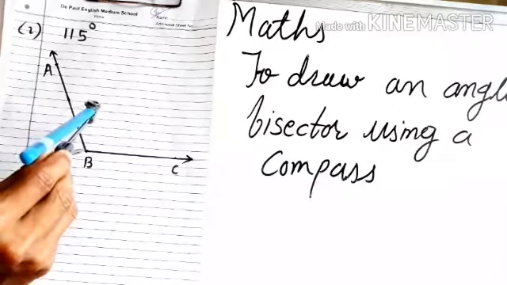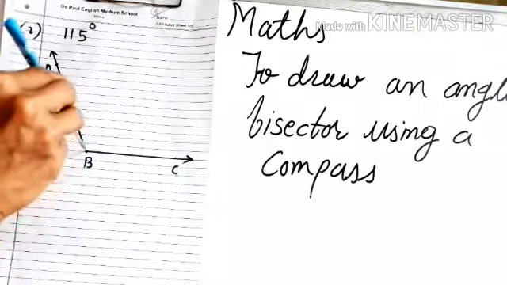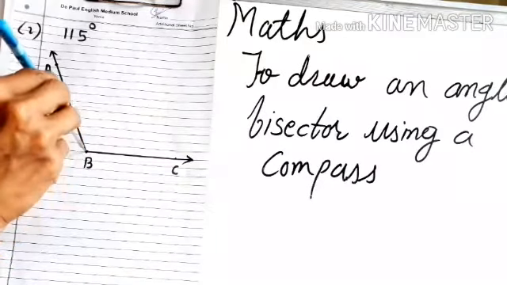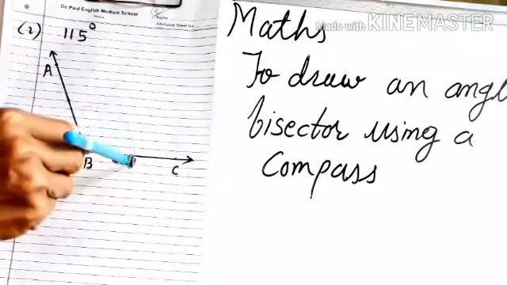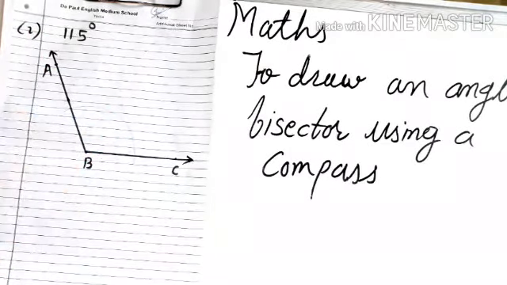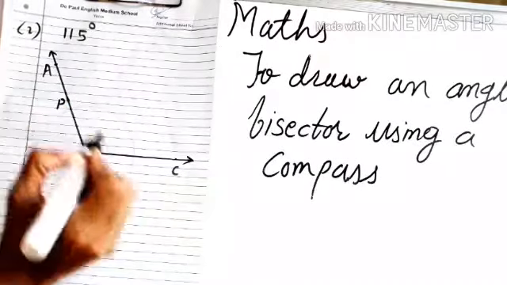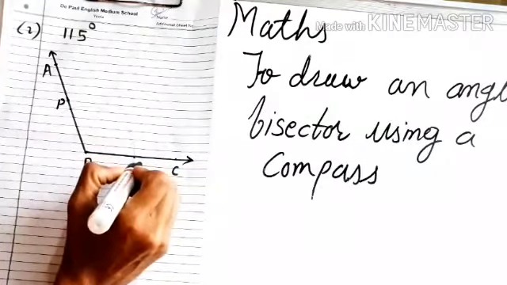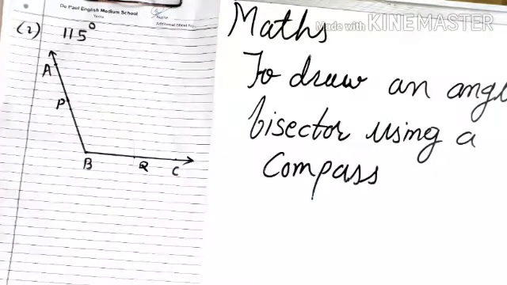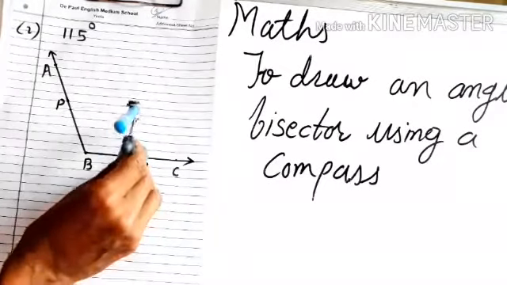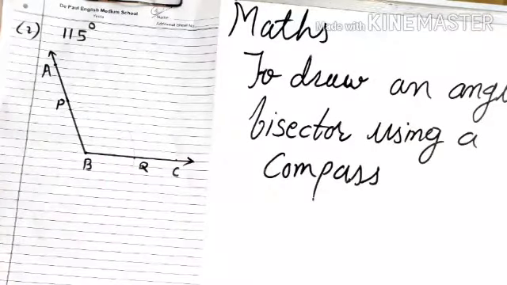Once you start, you have to draw it just one time. Take an approximate distance and draw an arc which intersects ray VA at point P and ray VC at point Q. Then again take the compass and keep the compass point on point Q or point P. Any point you can choose first.